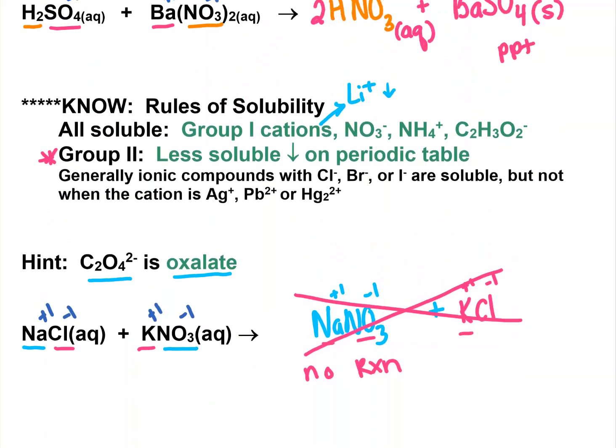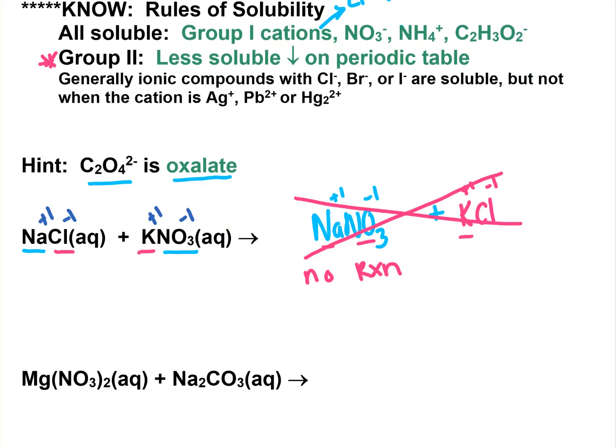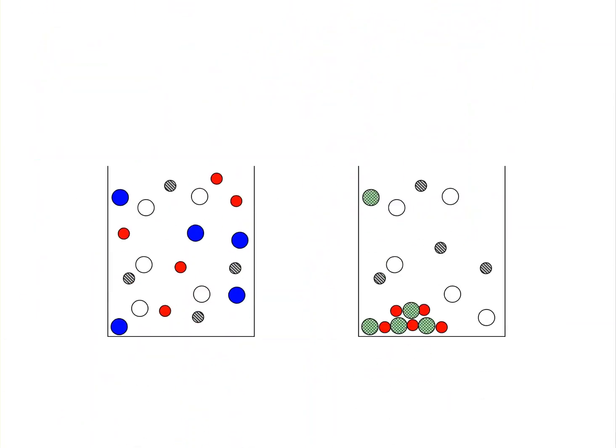And actually, let's look at the picture of what's happening. So when we put these in this solution, the sodium and the chloride are actually separate, right? Because it's an ionic compound that's soluble in water. So that will be ionized. Same with this, it'll be ionized. So we basically start with 4 different ions that are separate.